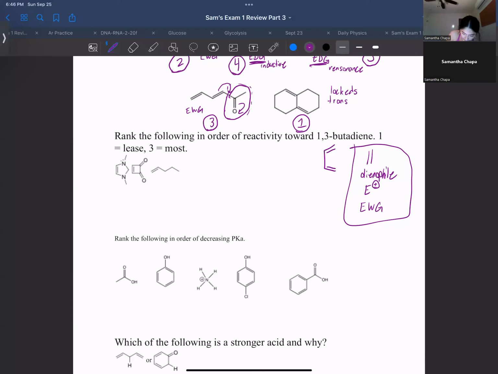This is going to be electron donating because we have a lone pair right next to our double bond, which is going to donate electron density on my dienophile. So let me draw the resonance structure so it shows how we're donating.